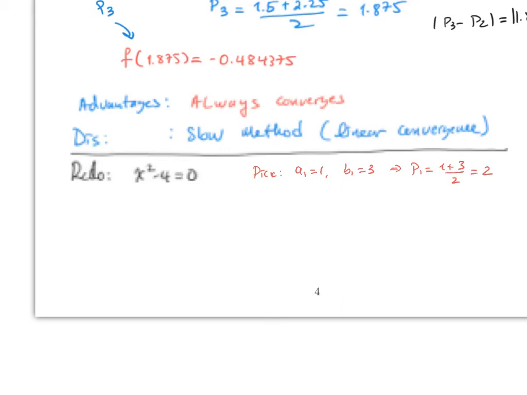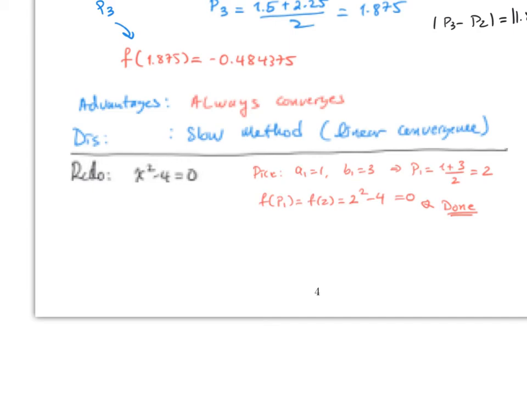And then you can see the f of P1, which will be f of 2. It will give you 2 squared minus 4, which is equal to 0, and then we'll be done. I mean, this pretty much never happens in real life, but it's good to give you some motivation. So if you start in the right place, you'll end up with the right answer right away.